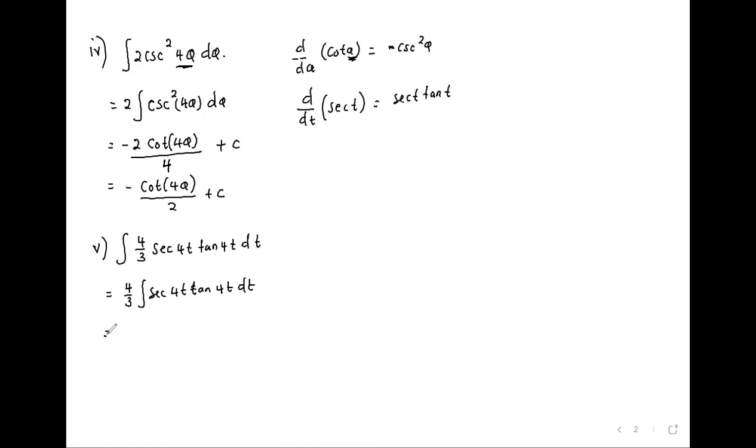So it means that here we have 4 over 3 sec 4t and then divided by 4 plus c, because this 4 is just from the derivative of sec 4t. So that we remain with sec 4t divided by 3 plus c.